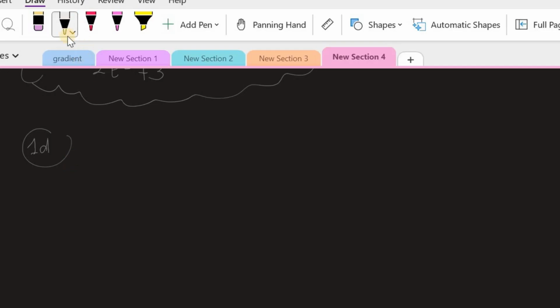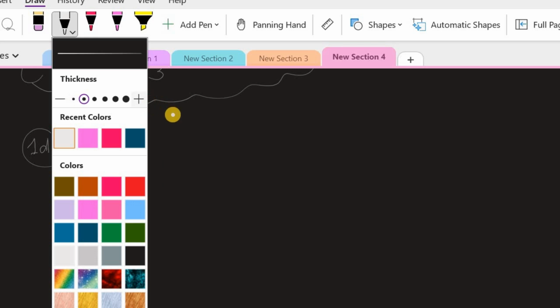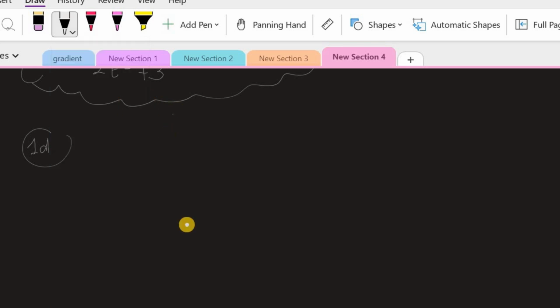Okay, so for 1D, what are we doing? To find 1D, we are multiplying V times A and taking the magnitude, and then we need to divide by the magnitude of v, and then we need to cube it. Okay, so this is what we're doing.